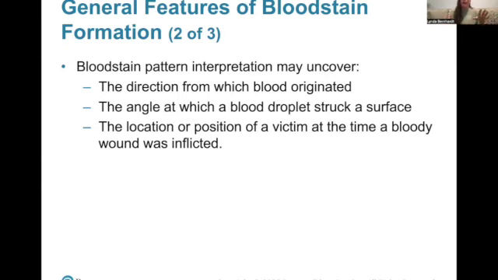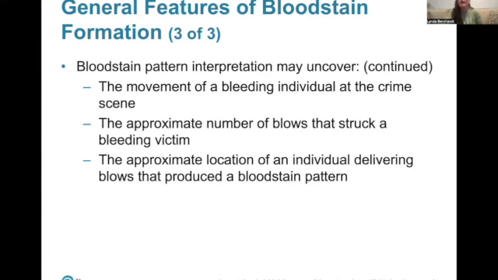So, like, and this comes from one of the labs that I posted, if you come into a crime scene and there's a person sitting there and there's a splat against the wall over there, you know it came this direction to splat over here. It can tell you where everything was. It can also let you know how far somebody moved.